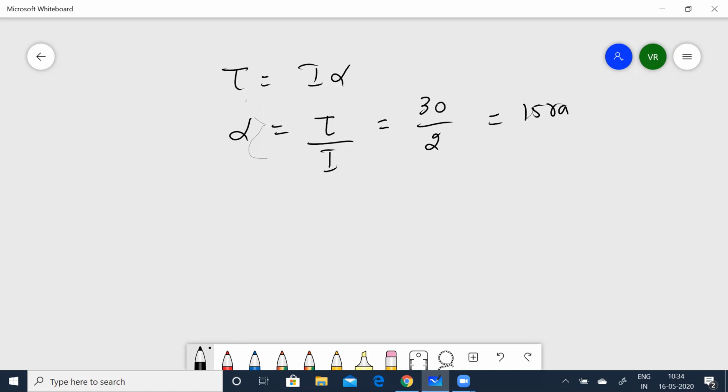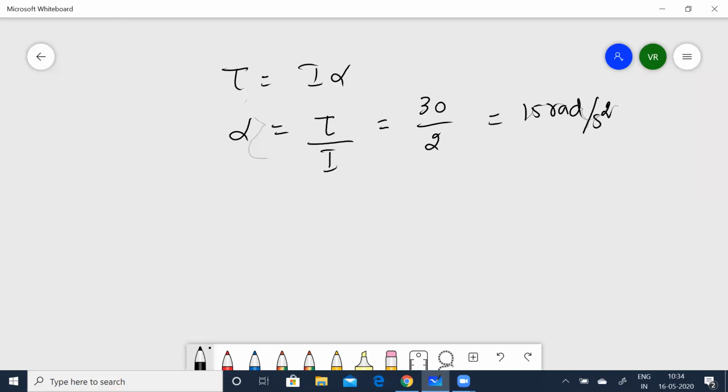Now you know tau is equal to I alpha, and we need alpha. Alpha is equal to tau by I. Now tau is given as 30 by 2, which is equal to 15 radians per second square. We have found out alpha to be 15 radians per second square.